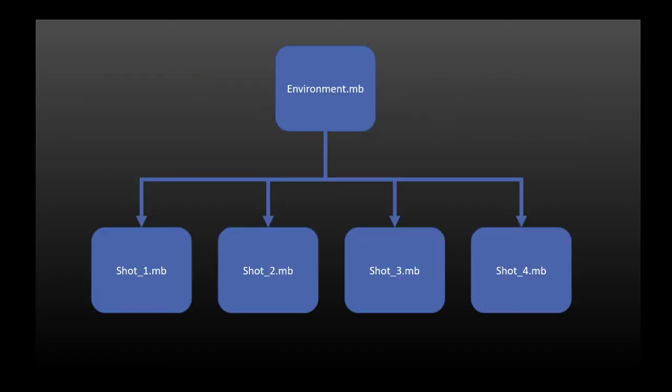Instead, what we do with referencing is we have different Maya files for our shots, and those shots just contain the animation. And the environment lives in another Maya file outside of these shots, and we've just plugged them in, not in the same way, but in a very similar way to how you plug in your textures to a model.